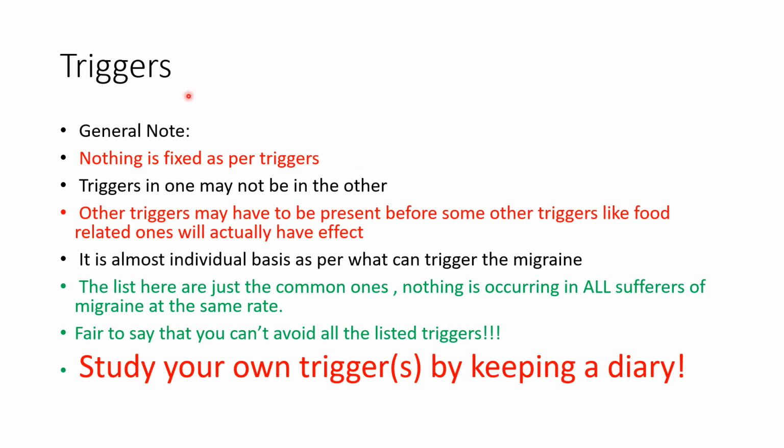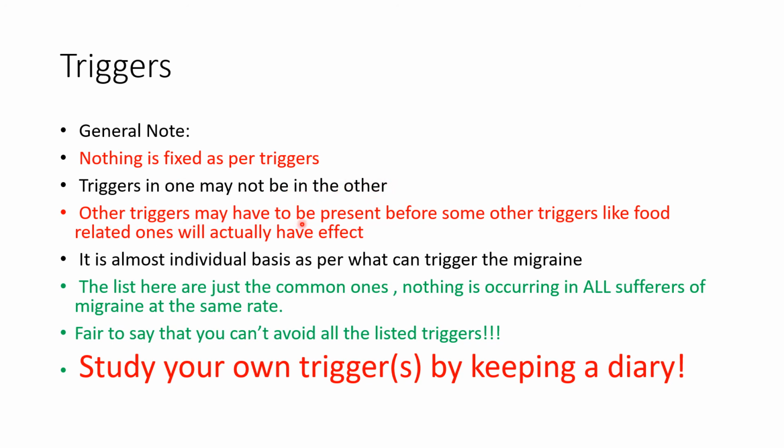Now, when it comes to triggers, like I've said earlier, I'm going to repeat the same here, that nothing is fixed as per triggers. What is a trigger in one patient might not be in the other. So don't condemn whatever you've seen here. If it's not happening around you, it's happening in someone else. Triggers in one may not be the trigger in the other person.